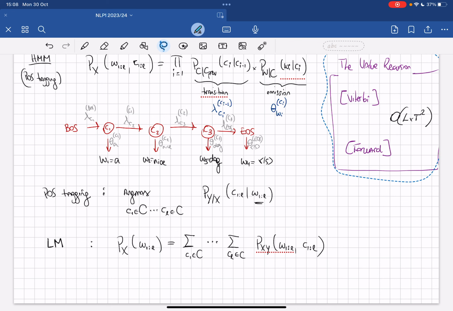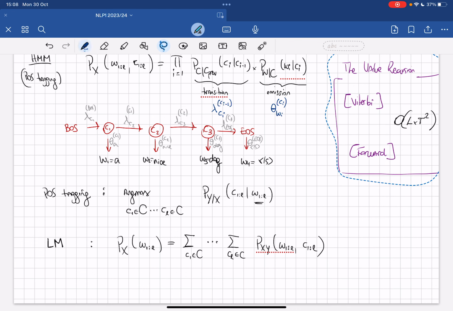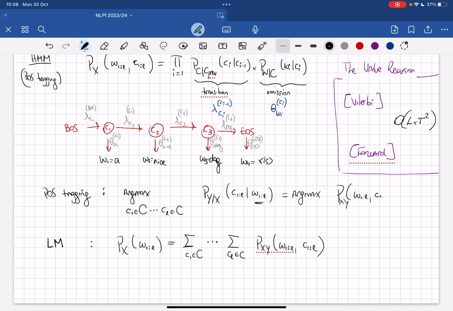Okay, let me move this up here and highlight that the argmax problem in particular is equivalent to searching through the maximum in the joint distribution.